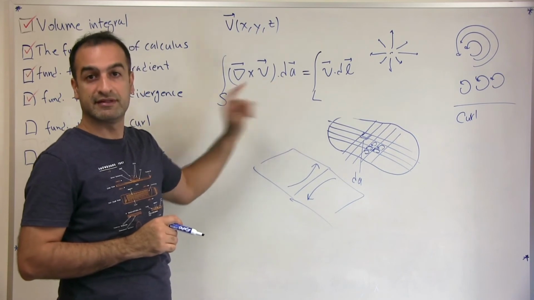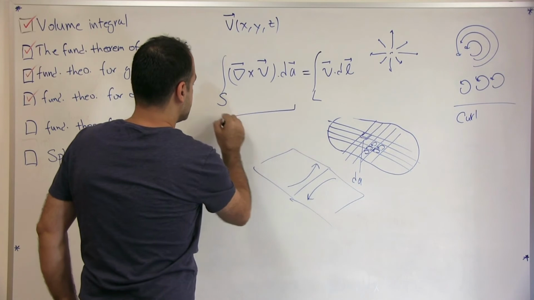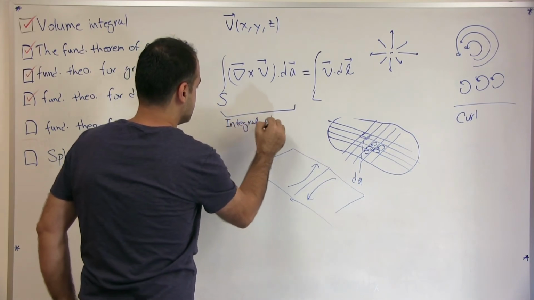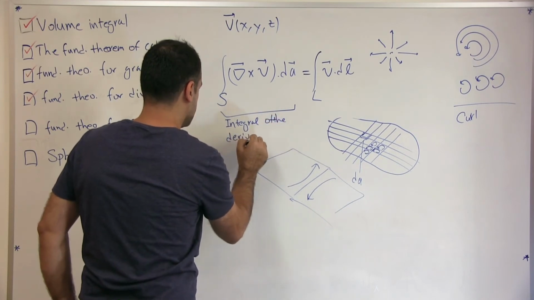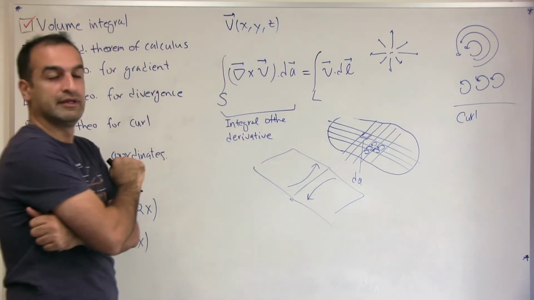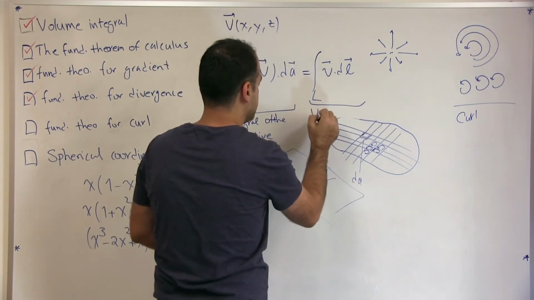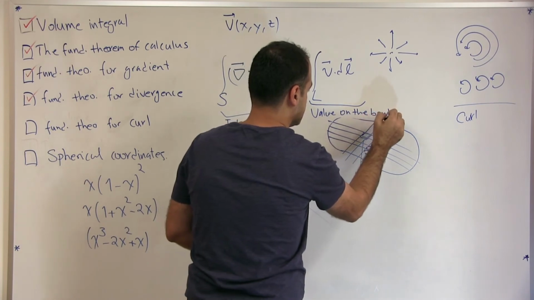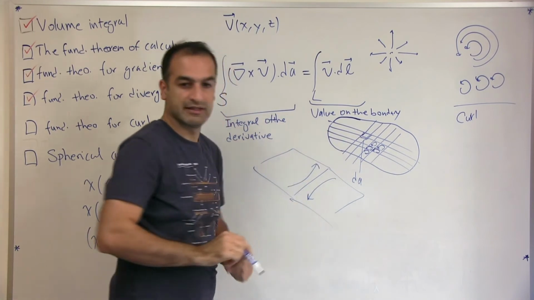Again, this is the integral of the derivative, in this case the curl, and the right-hand side depends on the value on the boundary, the line that defines this patch.